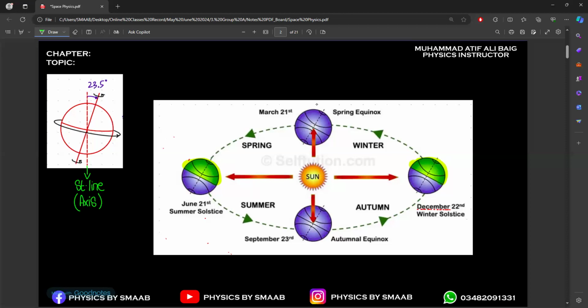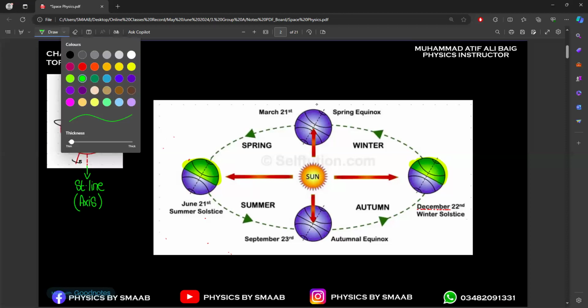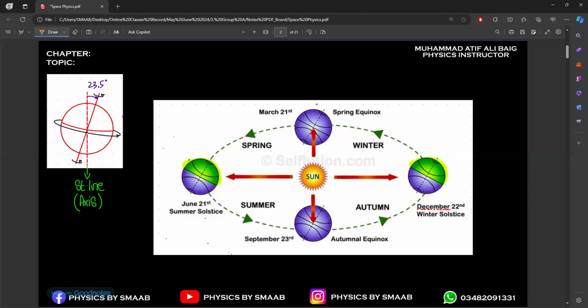So there is one more important theory about the Earth: the axis of the Earth is not completely at 90 degrees, not perfectly perpendicular. It is about 23.5 degrees from the center. So the axis of the Earth is not straight. It is tilted at about 23.5 degrees, right?